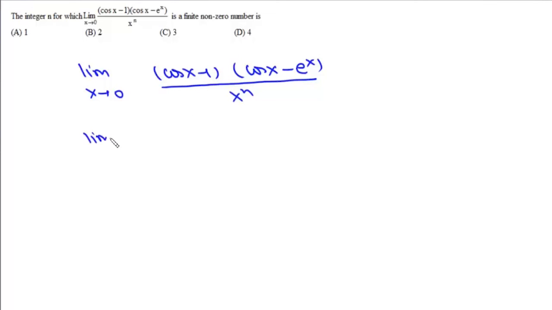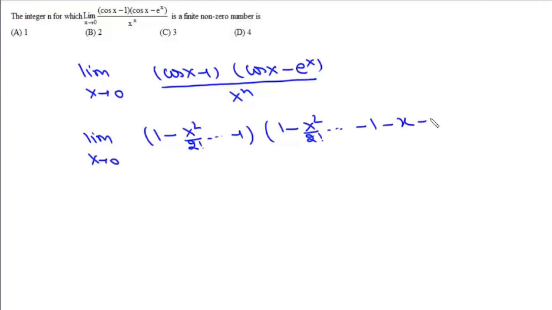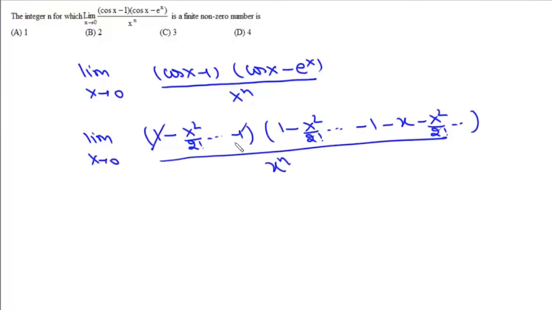Now this is limit x tends to 0, and this is 1 minus x square upon factorial 2 minus 1, and here it is 1 minus x square upon factorial 2, and this is minus 1 minus x minus x square upon factorial 2, whole divided by x to the power n. Now 1 will cancel, and here also this 1 will cancel.